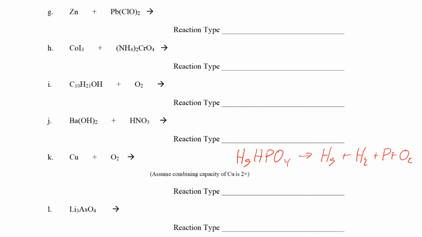On the previous video, I gave a similar example where I said calcium hydroxide plus heat, and I told you that the answer makes calcium plus oxygen gas plus hydrogen gas.